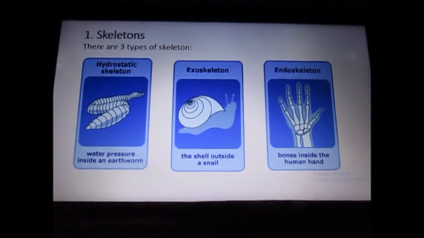So the movement will be caused by the endoskeleton as well as the muscles which are attached to them. So how is the structure of the muscle?